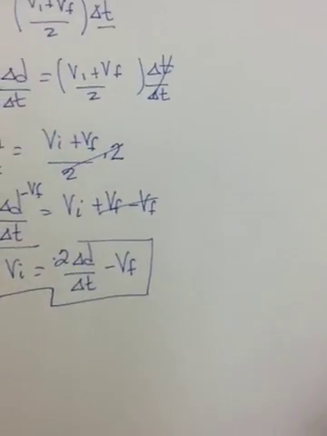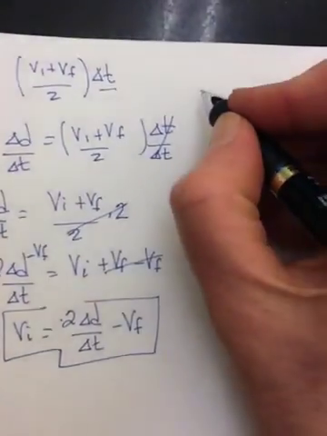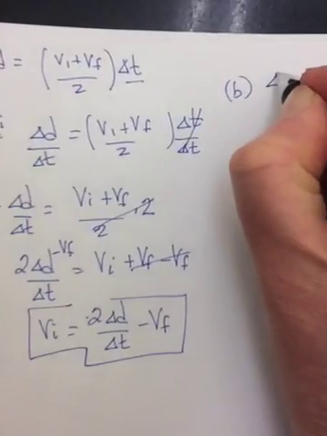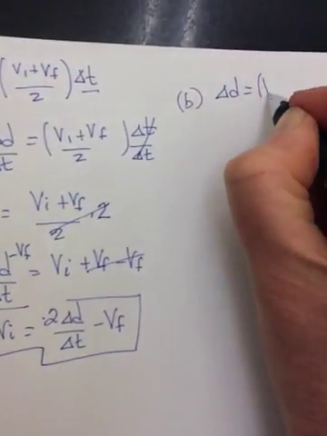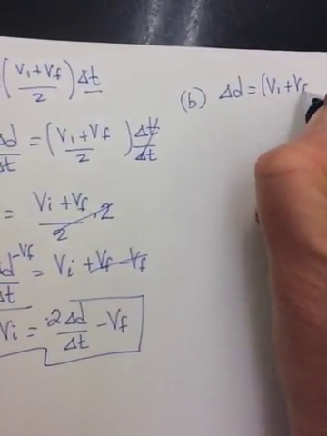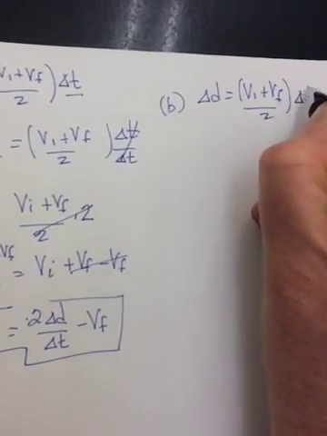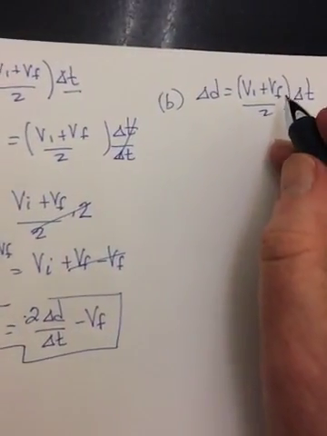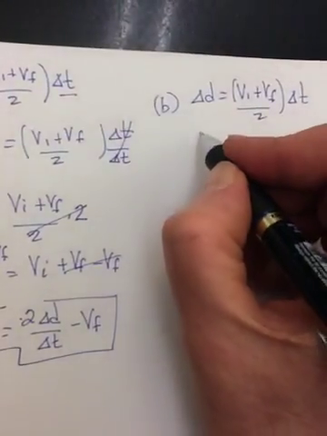B wants you to do the same thing but for VF. So we're going to take delta D is equal to VI plus VF over 2 times delta T. This time we want to get VF by itself. So it's going to be the same first steps.